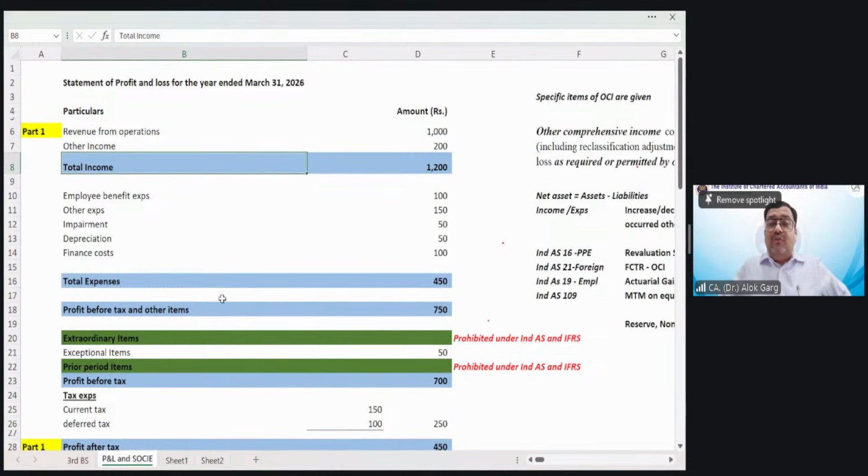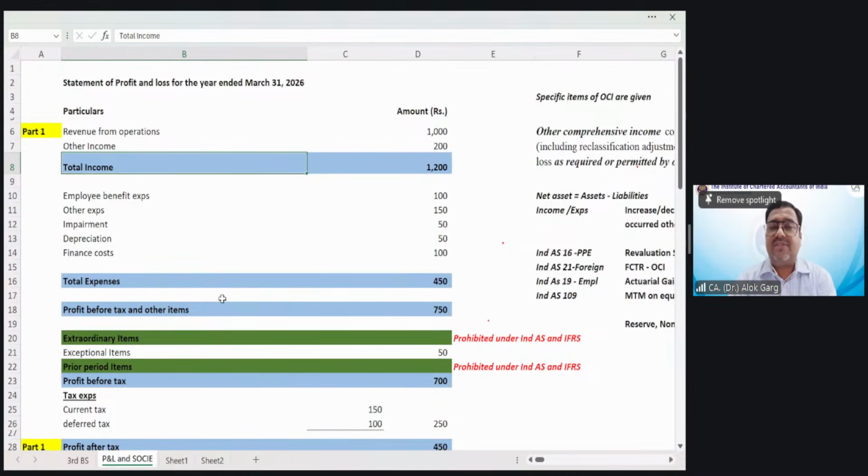Second, you remember we discussed while discussing the overview and roadmap for implementation of Ind AS, I discussed the removal of options, where I discussed the classification of expenses in the P&L on the basis of nature-based classification or function-based classification.